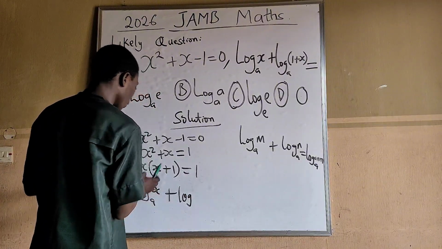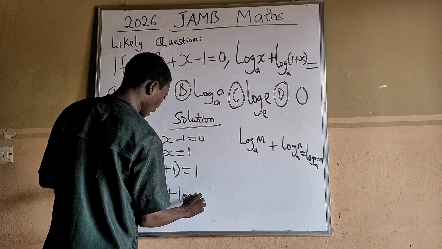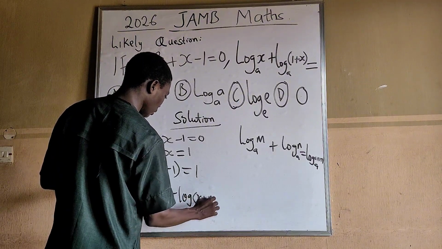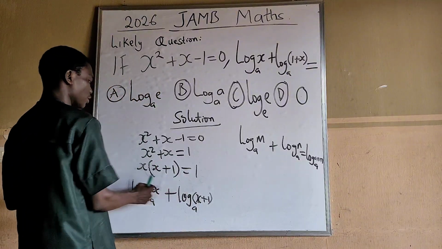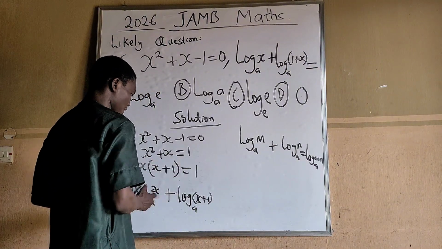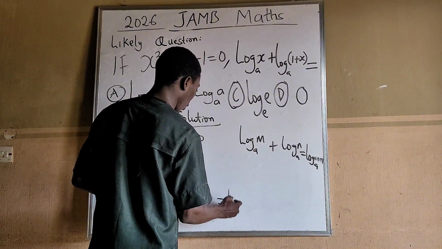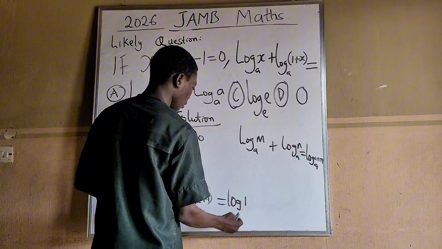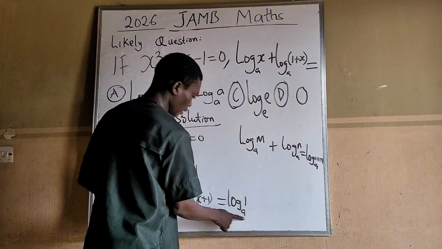We also take the log of x plus 1, with base a. Both of them have the same base. We have already taken the log of the left side. Take the log of the right side too. So the log of the right side will be log 1 base a.